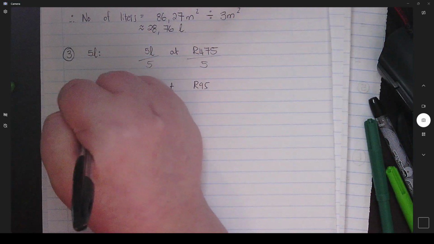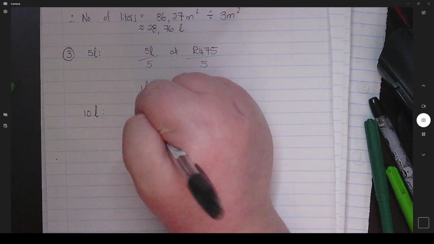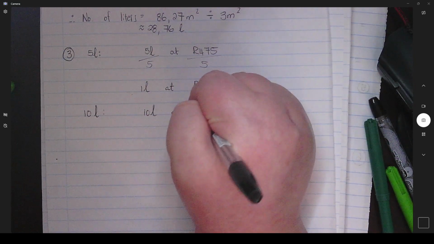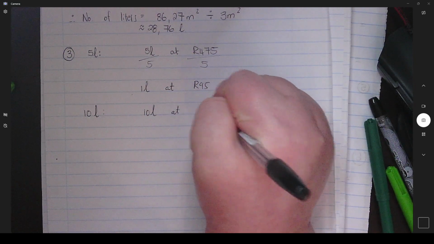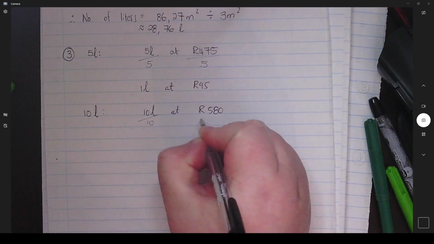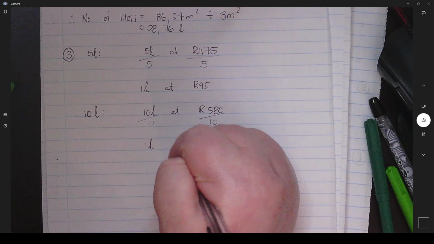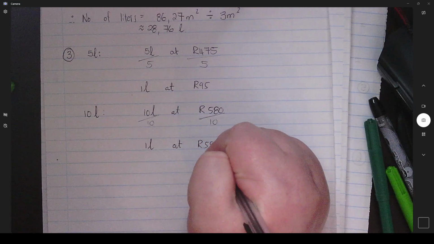Alright, the next one is the 10 liter tin, which is 10 liters at 580 Rand. So to work out the cost per liter, I need to divide by 10. So 1 liter at 58 Rand.